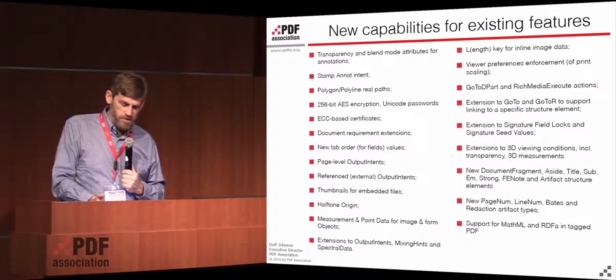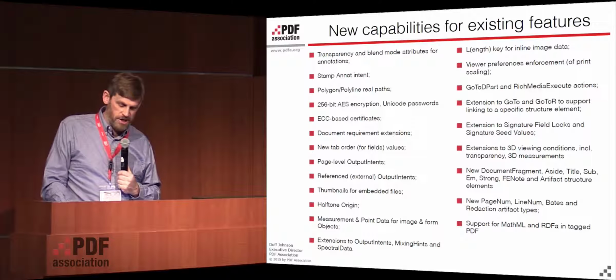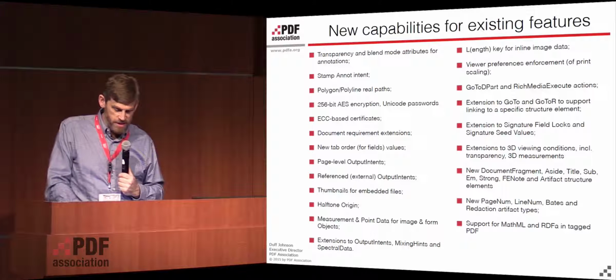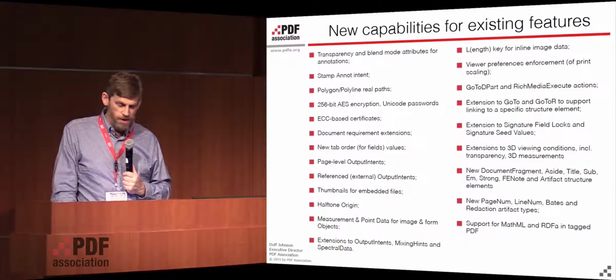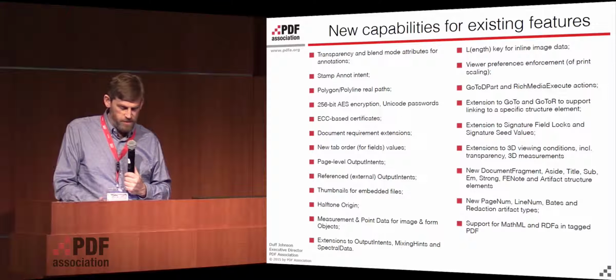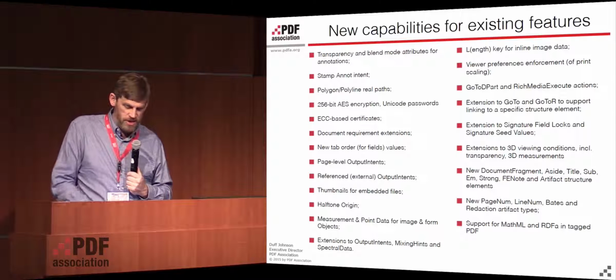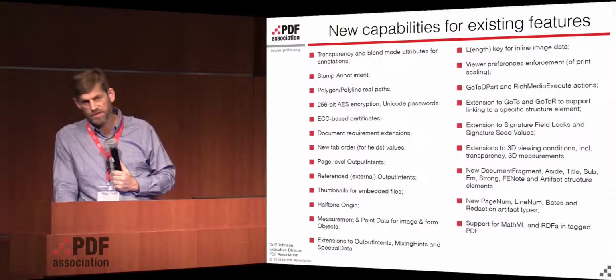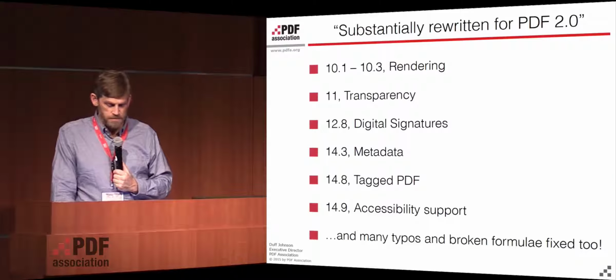We have a number of different structure elements, document, fragment, aside, title, and so on, which again enrich the model for tagged PDF. And a variety of other new capabilities as well, ranging from transparency and halftones through to digital signatures. I certainly encourage you to check these out in the document.